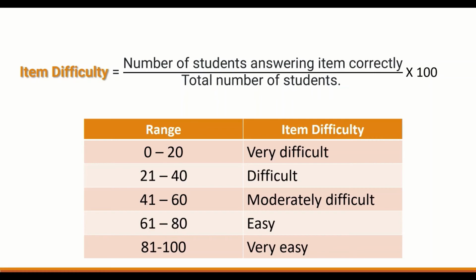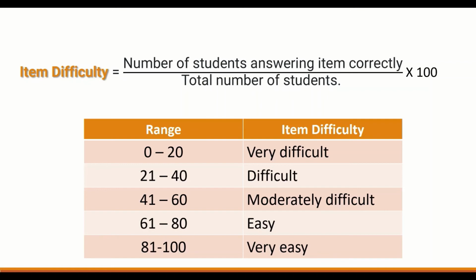An item difficulty with a value between 0 and 20% is considered a very difficult question. A question in the 21 to 40% range is a difficult question. An item with a 41 to 60% value is considered a moderately difficult question.